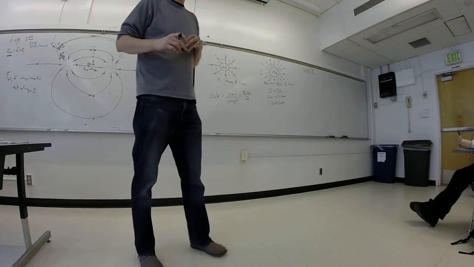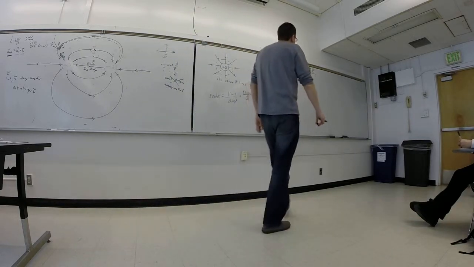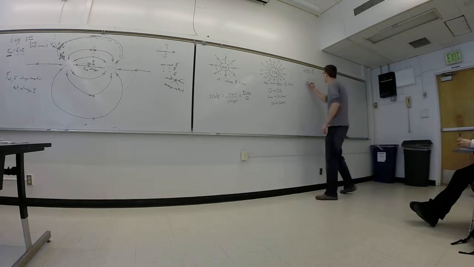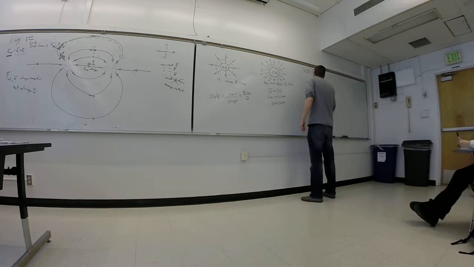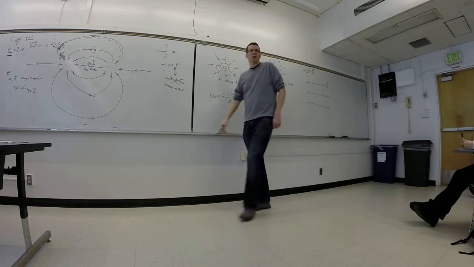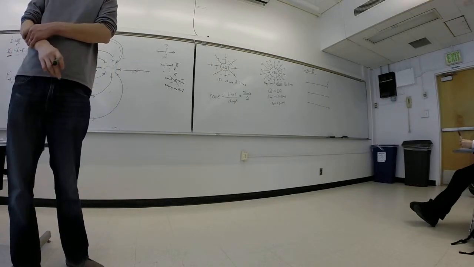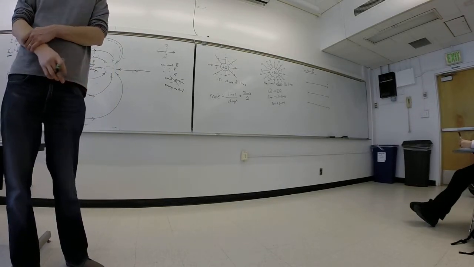A uniform electric field is one that does not vary in any of its properties no matter where you go. Here's an example. So if you look at that, you say no matter where you are, the electric field points to the right.